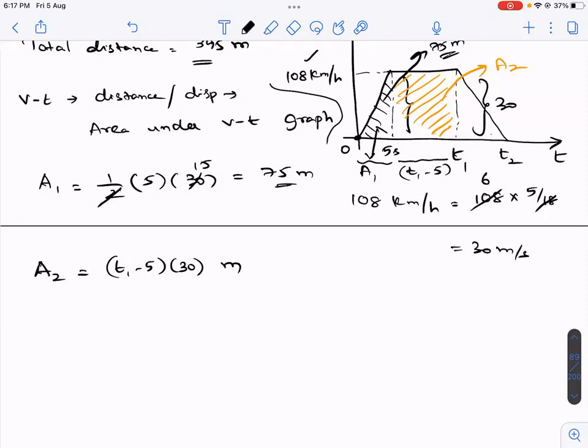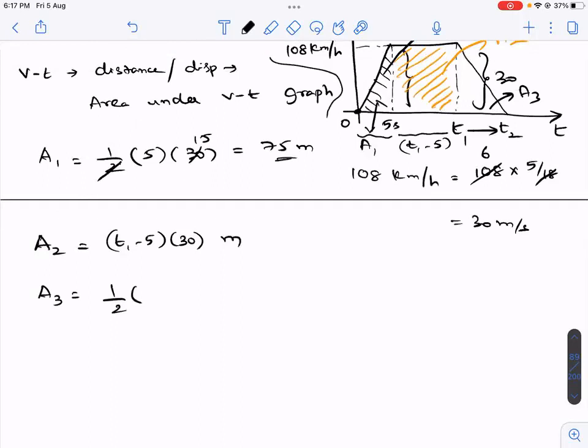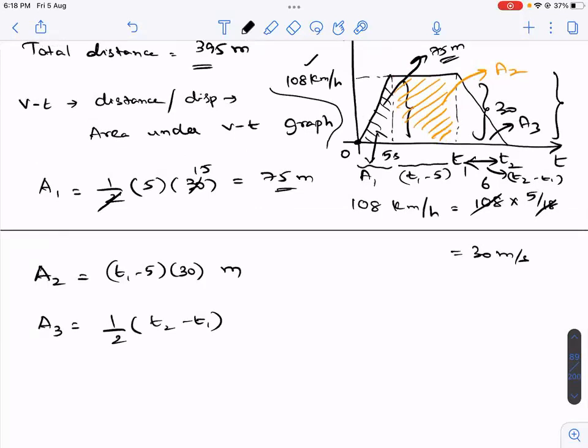And A3 is already given to you. What is A3? So A3 is half into base. So how much is this distance, guys? It will be T2 minus T1. So T2 minus T1 into, the height is still going to be 30 meters per second.